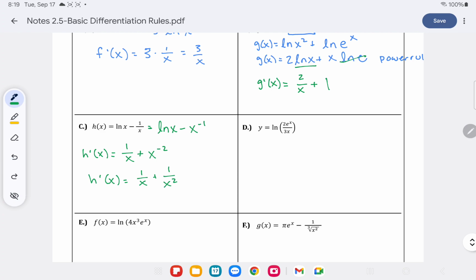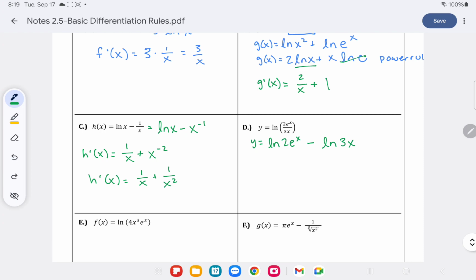We have some more properties to apply on this next one. This is a quotient. We're taking the log of a quotient, so we need to use the quotient rule. Our quotient rule says when we have division within logs, we can expand it by subtraction. So I can rewrite this as ln of 2e to the x minus ln of 3x.